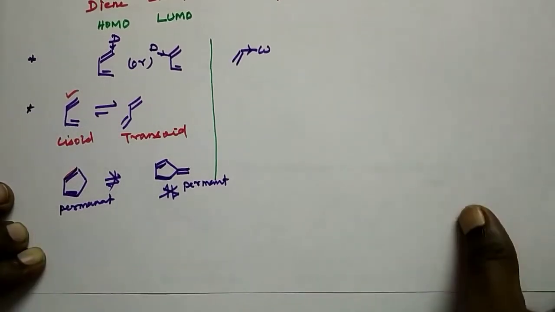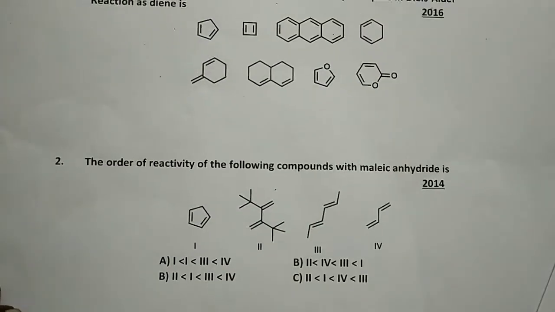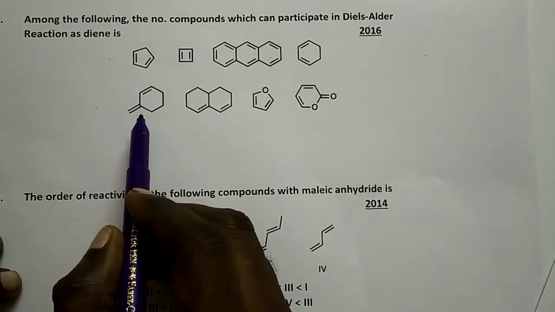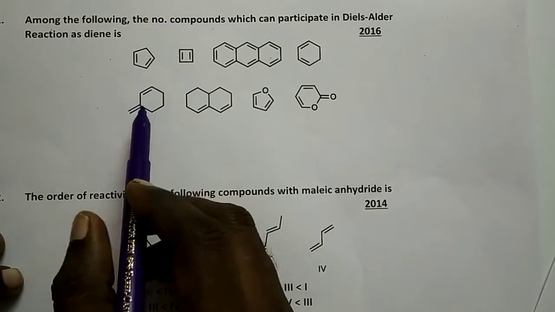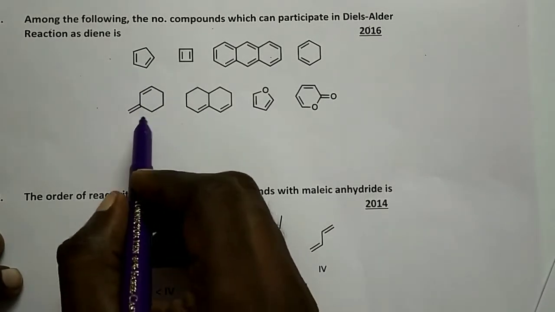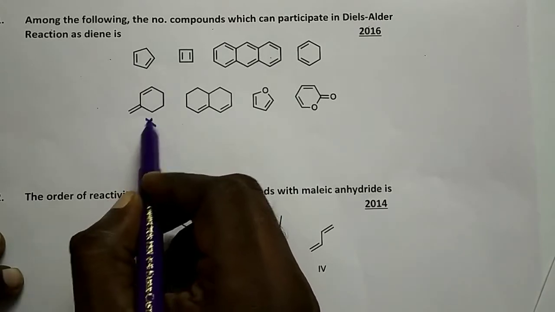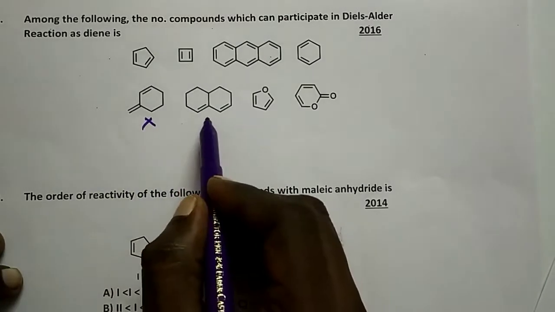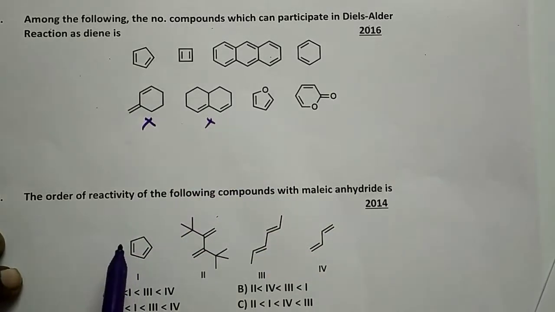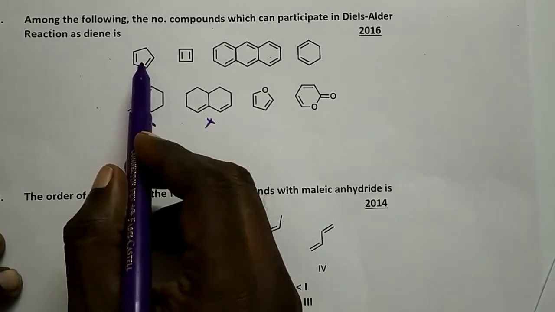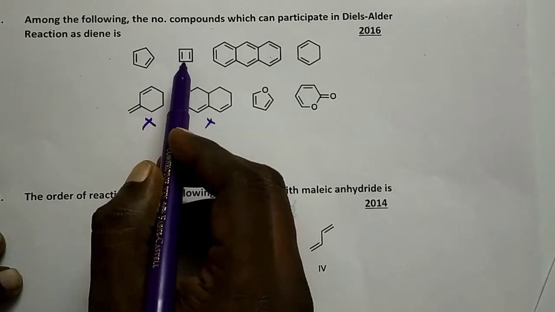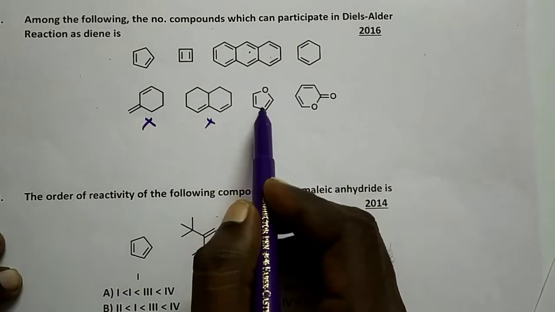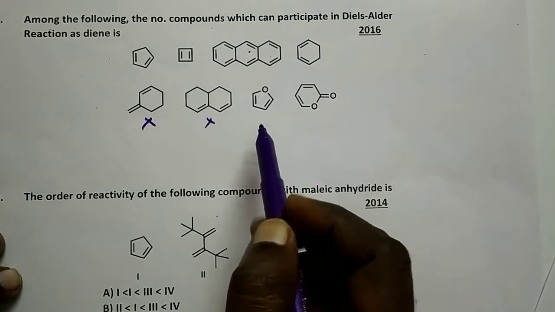Now let us see this question. Look at this one. This is a permanent transoid, so it can't take part. And look at this one, this is also permanent transoid, so this also cannot take part. And the remaining ones are permanent cisoid.